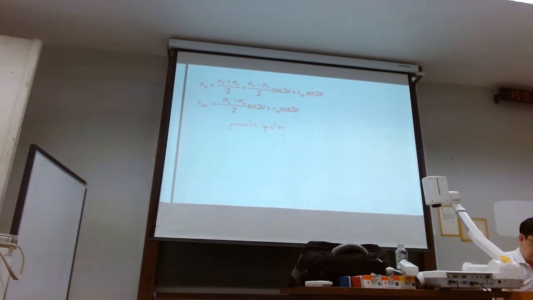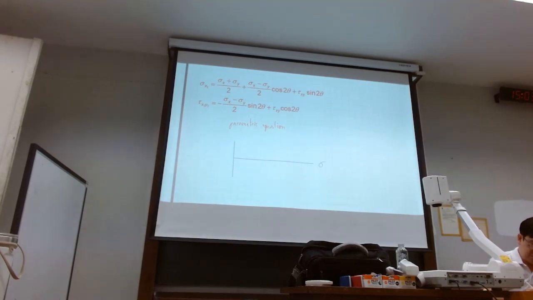If you look at the sigma x prime, for example, this is sigma x prime, this is theta, you're going to start having the values going into a curve like this.